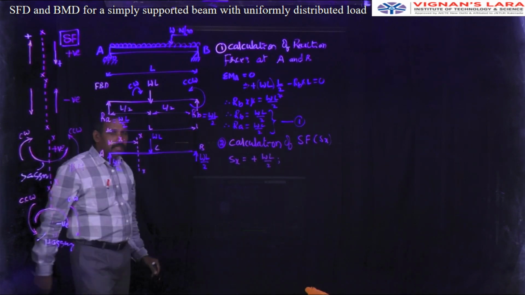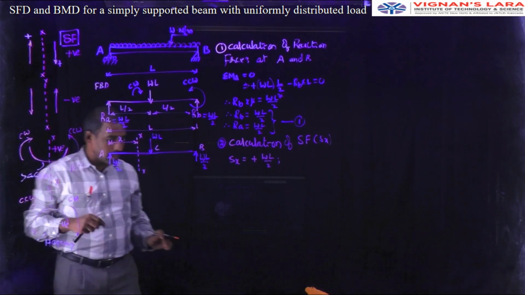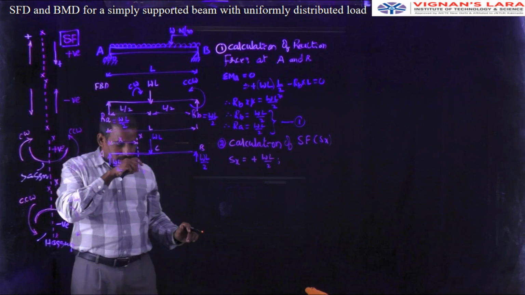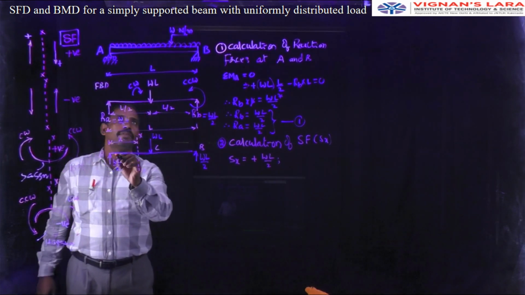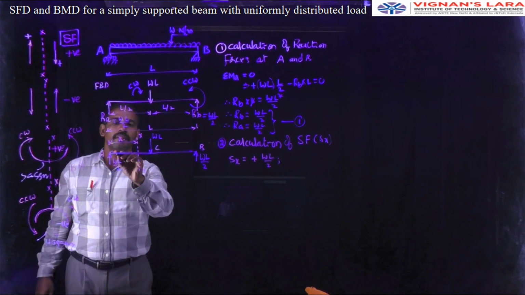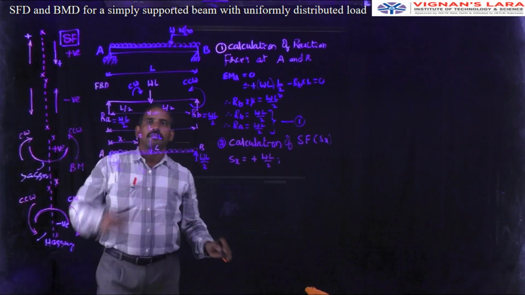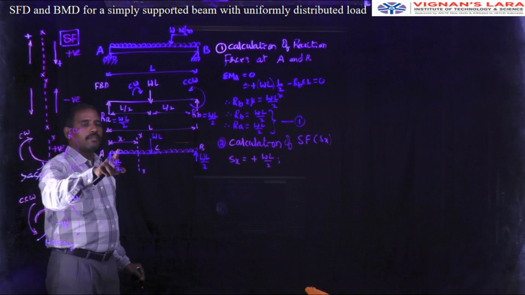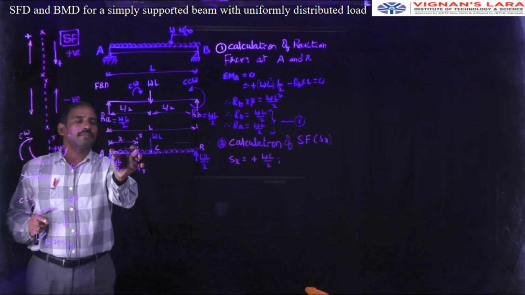What about the uniformly distributed load? This is the reaction. Again, a uniformly distributed load distributed over a distance, as we know. What about the shear force due to the uniformly distributed load over a length x?